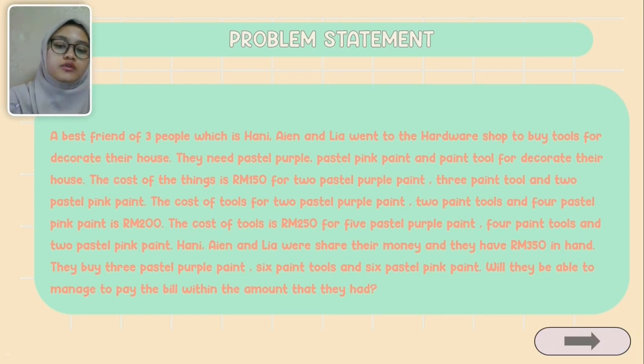The cost for 2 pastel purple paint, 2 paint tools, and 4 pastel pink paint is 200 ringgit. And the cost is 250 ringgit for 5 pastel purple paint, 4 paint tools, and 2 pastel pink paint. Hani, Ain, and Elia will share their money and they have 350 ringgit in hand. So they buy 3 pastel purple paints, 6 paint tools, and 6 pastel pink paints. Will they be able to pay the bill within the amount that they have?